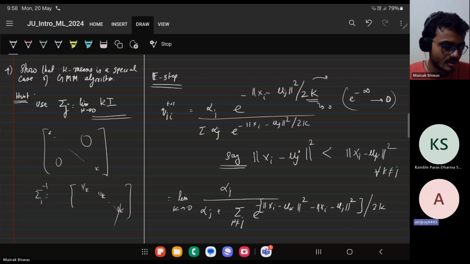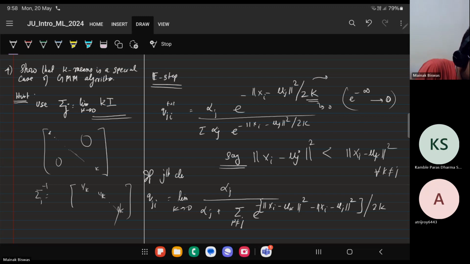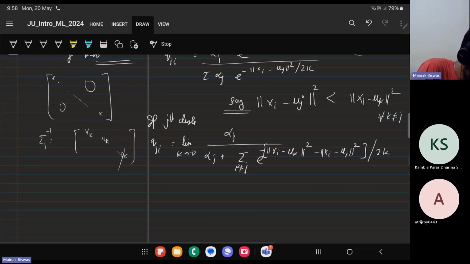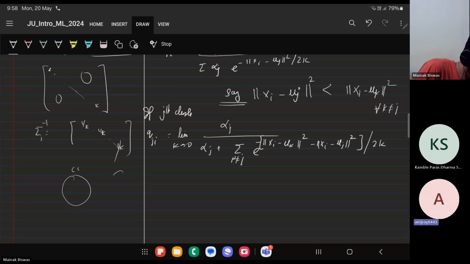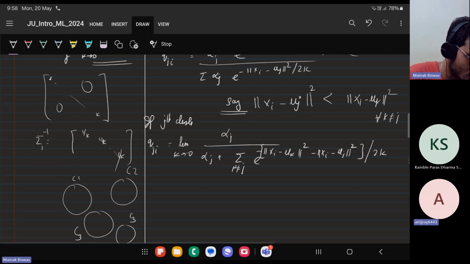Yes, I just divided by that. Let me draw all the clusters. You have written mu j and mu k; please change that index, because k has already been used.